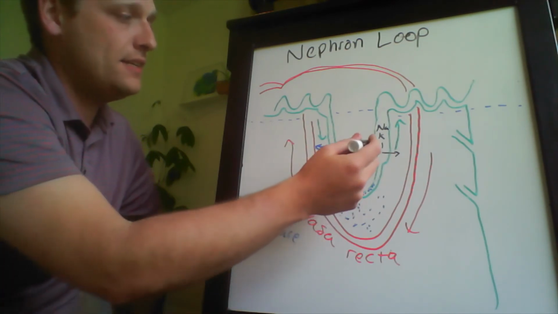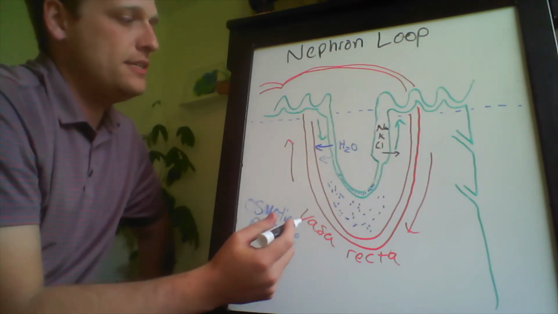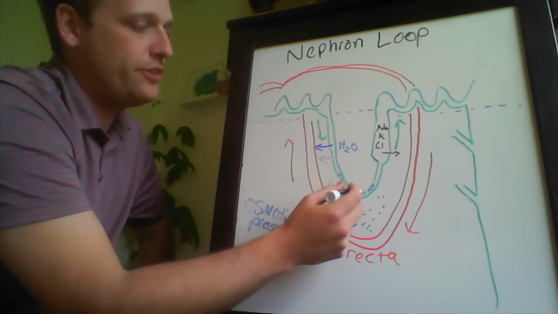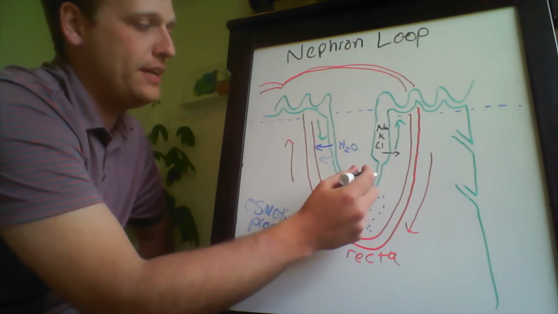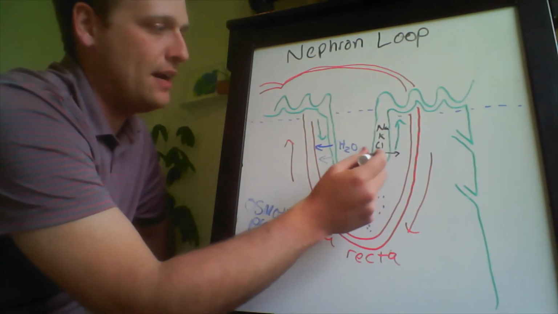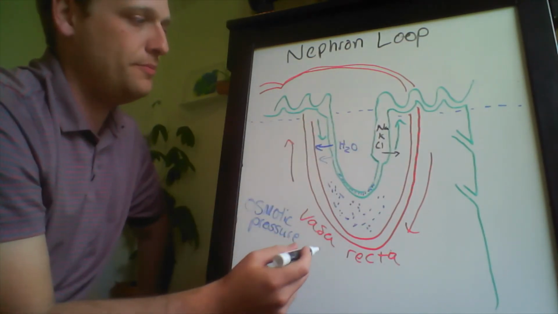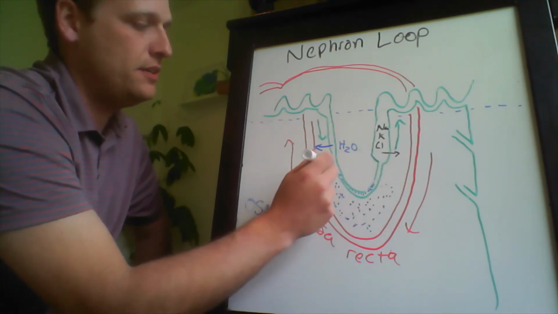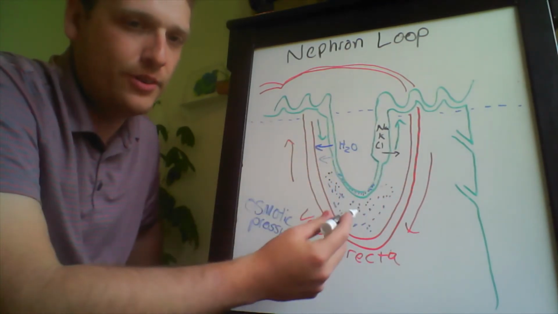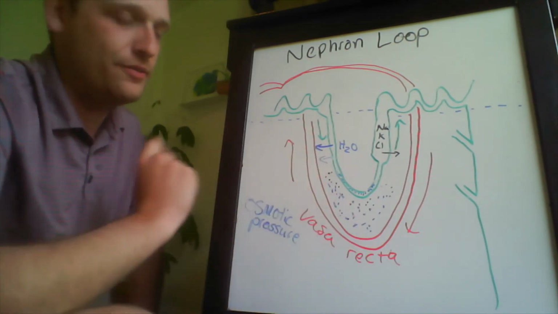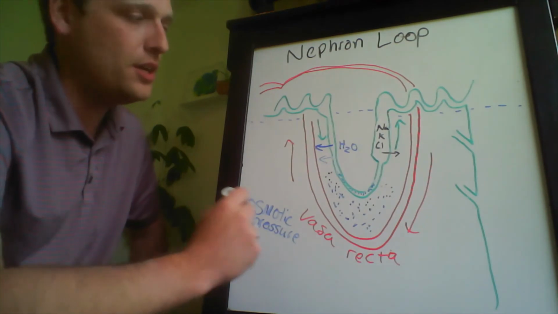And what that is doing is, because the concentration of electrolytes is increasing the further down you get, it means there's a high concentration of these electrolytes to be pumped out in the ascending loop. And as they're pumped out into the interstitial fluid, that's going to increase the osmotic pressure to draw water out from the descending loop.